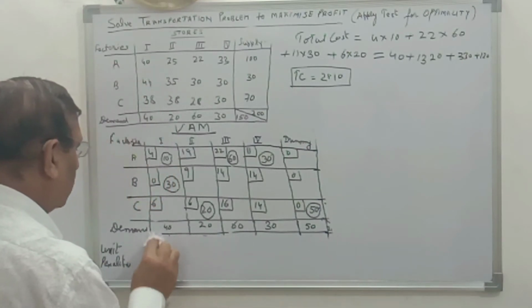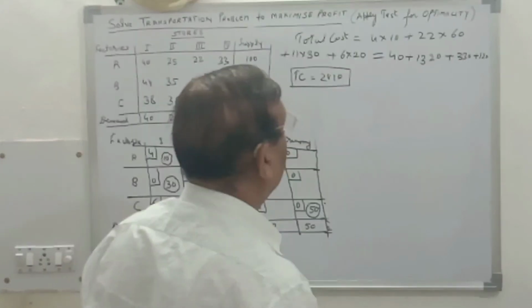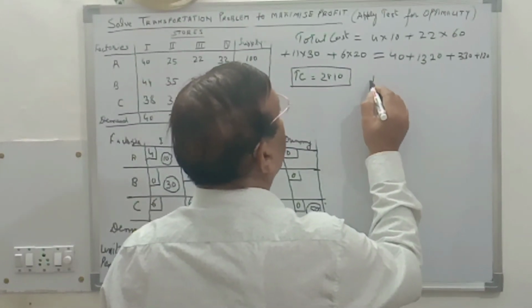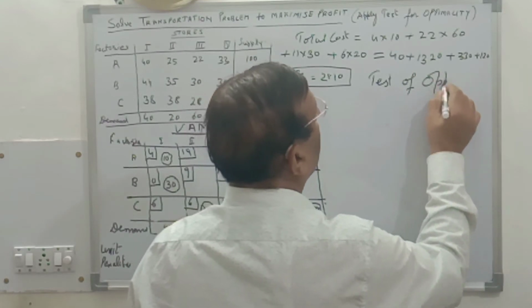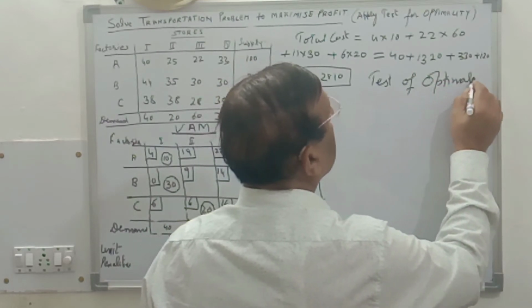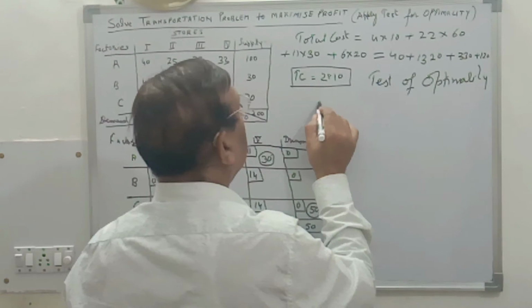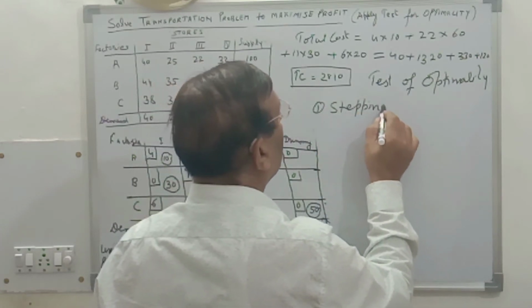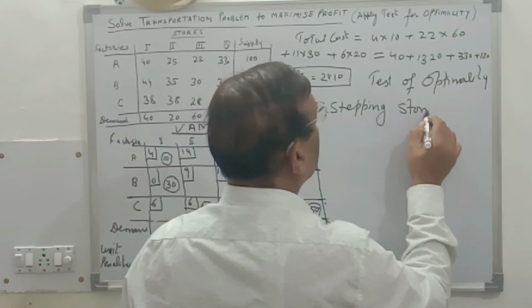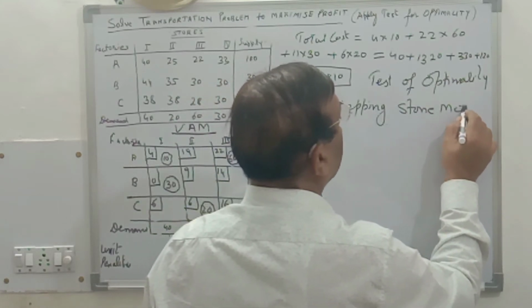There are two tests of optimality. Number one is the stepping stone method.